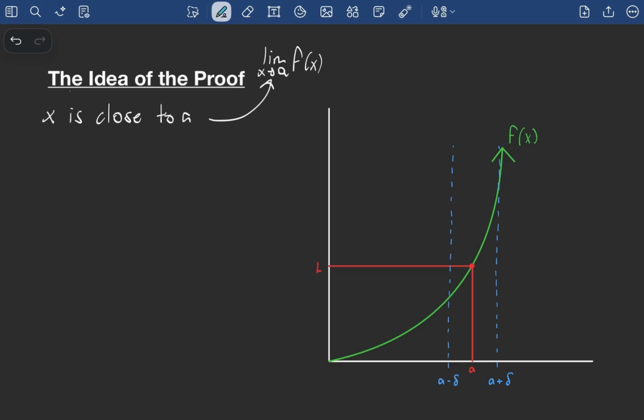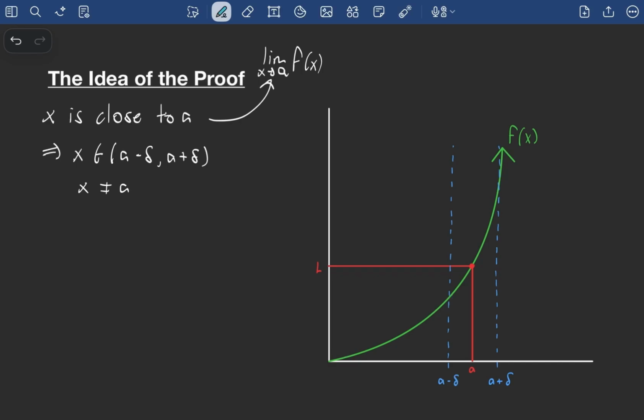And remember from previously that this means that x is between a minus delta and a plus delta, except possibly not at a. Because remember, we can take out the value of a, and the limit can still exist because it just describes the behavior and not the actual value of the function.